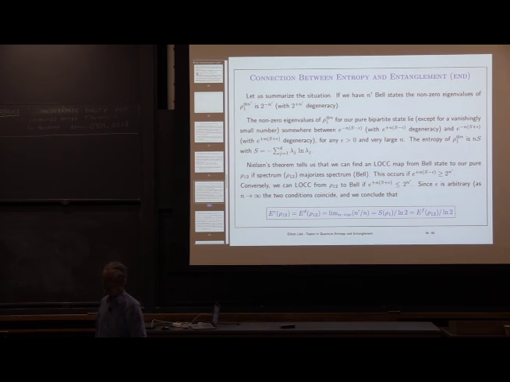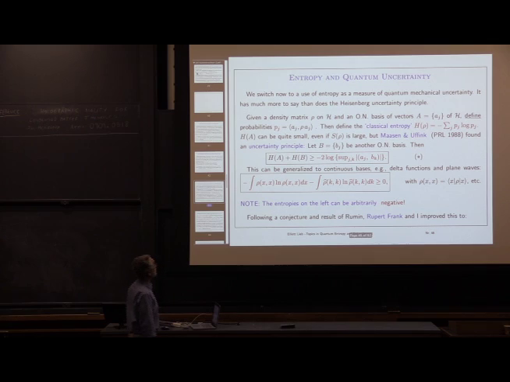And I want to get the same entanglement. Then the ratio of the number of copies I need is this. And that is a measure, if you like, of the cost of entanglement, but it also relates it to the entropy. That's how entropy comes into the story. It's not put in there just for fun. It really comes out. Okay?